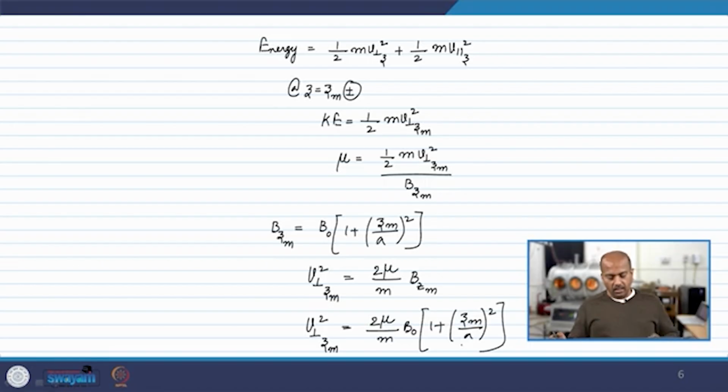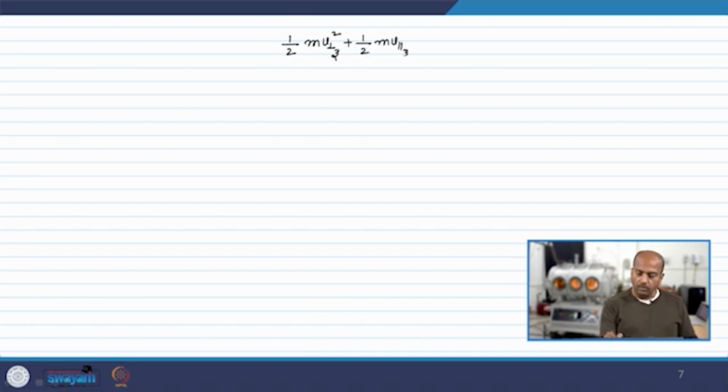Once you are writing the magnetic moment at the mirroring point, and using the same formula, you are writing the perpendicular component of velocity at the mirroring point. So, this velocity will be maximum, so is this magnetic moment, right? We are going to use both the expressions.